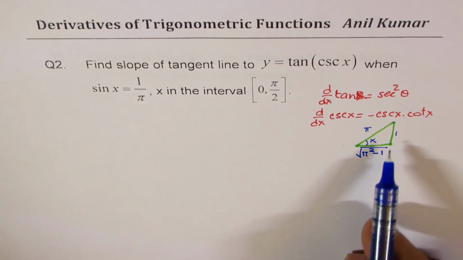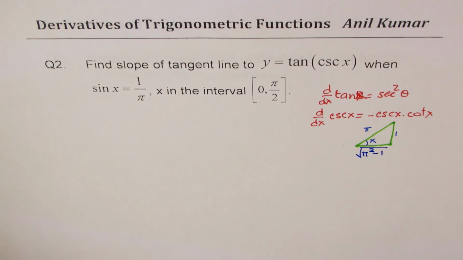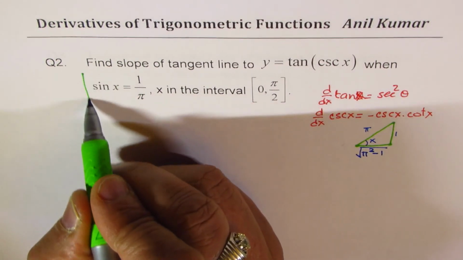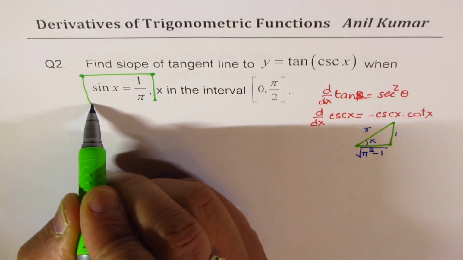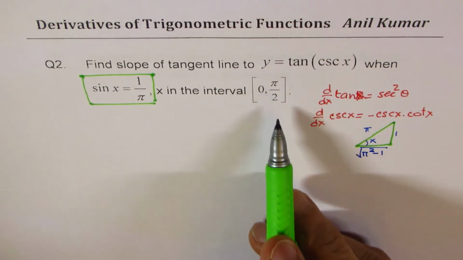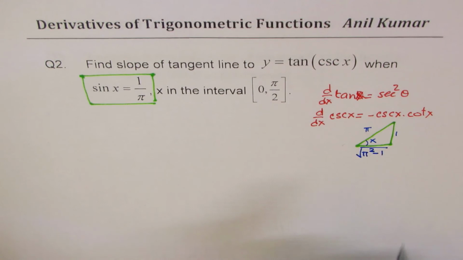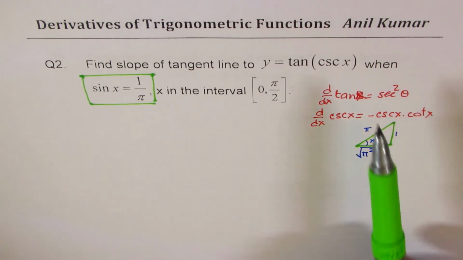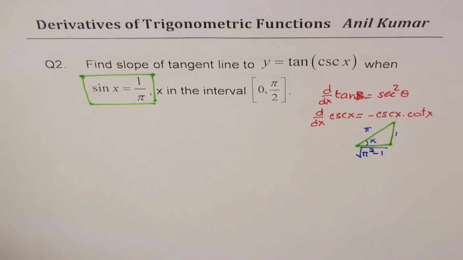Perfect. Sin x is positive, 0 to pi by 2, quadrant 1 we are talking about. So in quadrant 1, all are positive. I hope that's a good hint. You can now pause the video, answer this question, and then check with my solution.